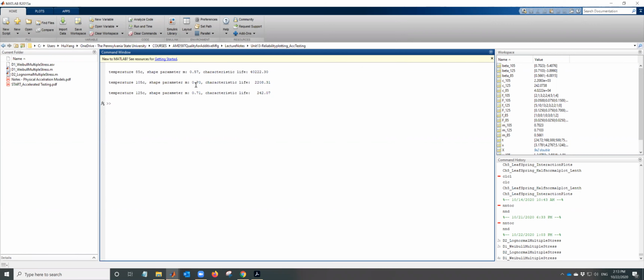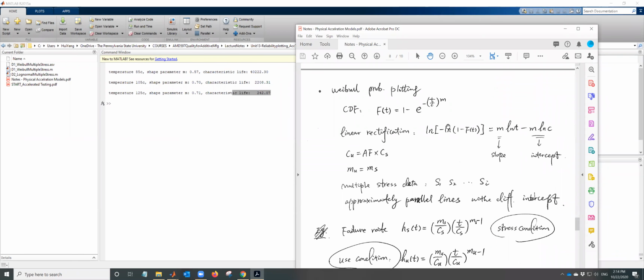M should be constant, but it's not strictly parallel, because M does change a little bit; this is real data, we have uncertainty. But under 105 and 125 degrees, M doesn't change much, but the characteristic life is under a linear acceleration. So this is Weibull probability plotting. Now, let me stop the recording.